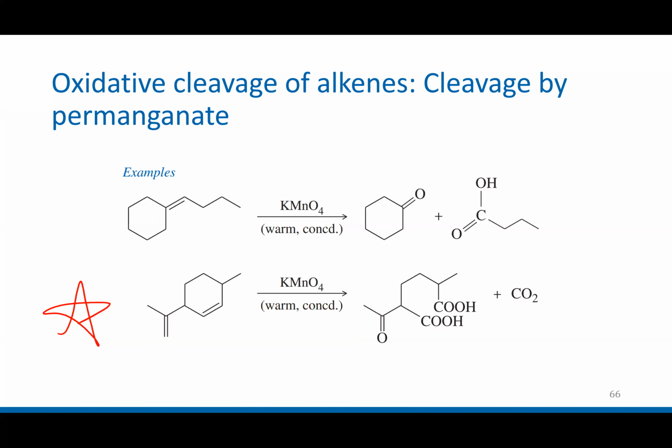But really, all you need to know is when you add permanganate, the polyatomic ion, it's an oxidation reaction, meaning that the alkene gets split, cleaved, cut in half, and then oxidized.